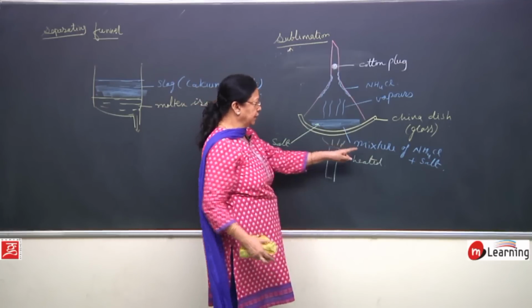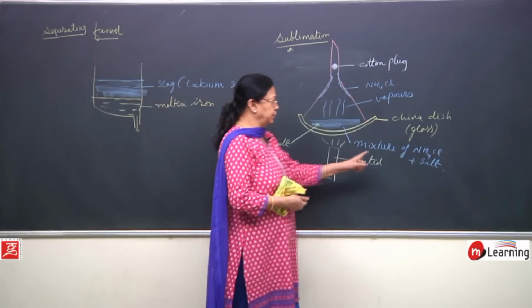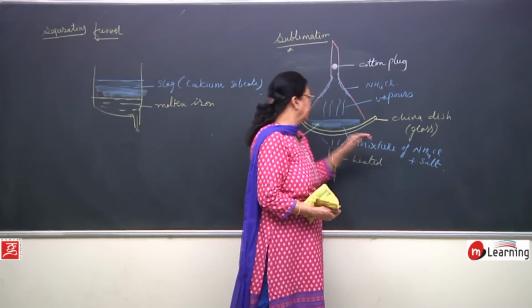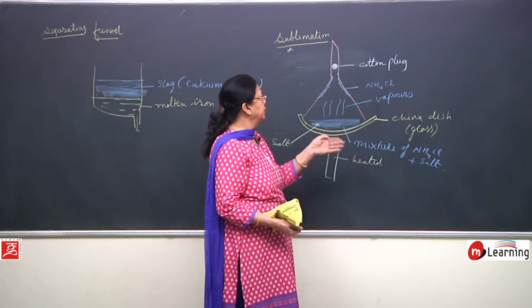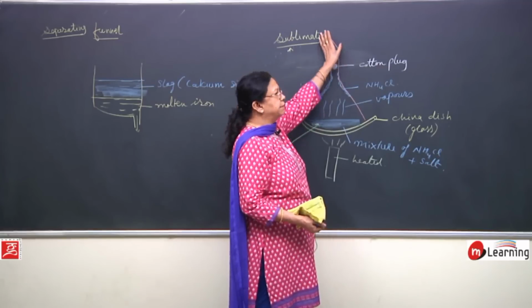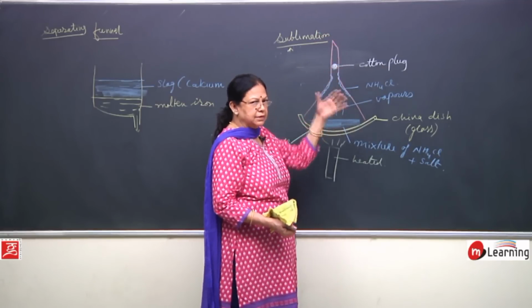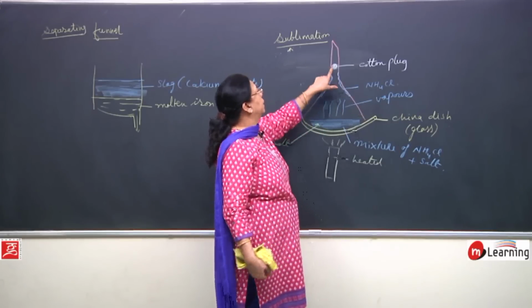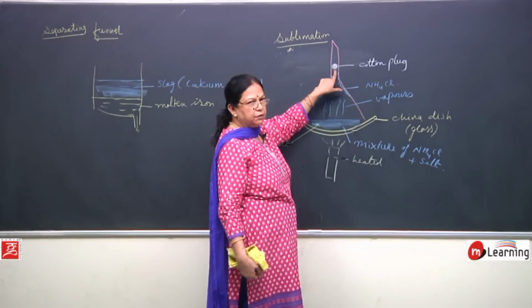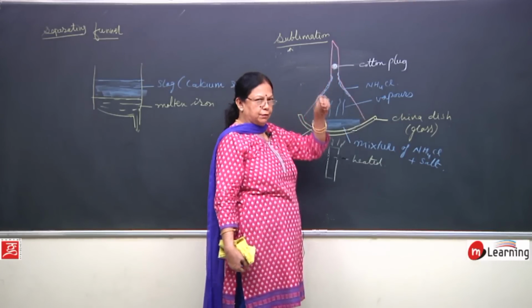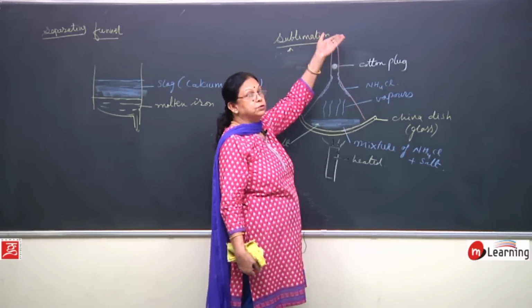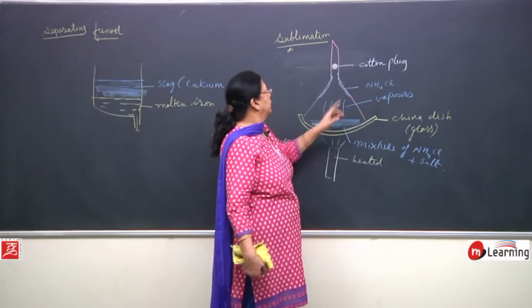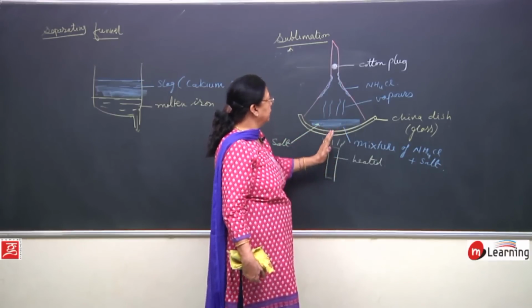Here first we have taken a mixture of ammonium chloride and salt. It is taken in a china dish. This china dish is covered with an inverted funnel. In this part of the funnel there is a cotton plug placed so that the vapors should not go out. Now it is heated.